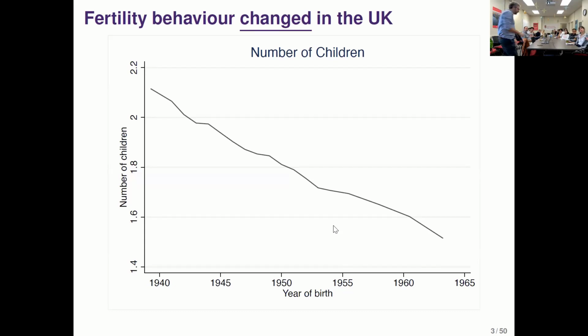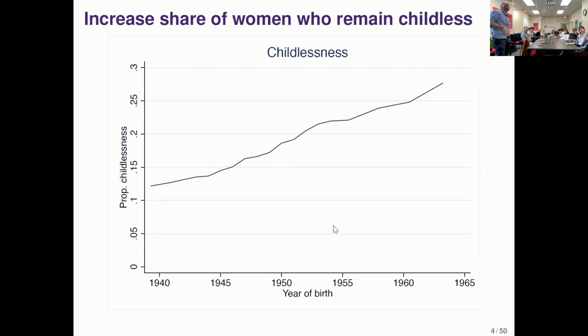And the share of women who remain childless has increased a lot. These are women older than 45 years old, so that we can presume that they will not have children. And so we pass from slightly more than 10% for the cohort born in early 1940 to more than a quarter, 25%.